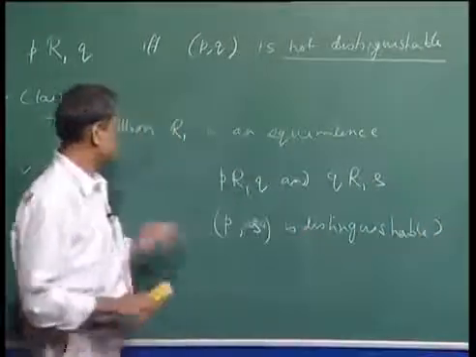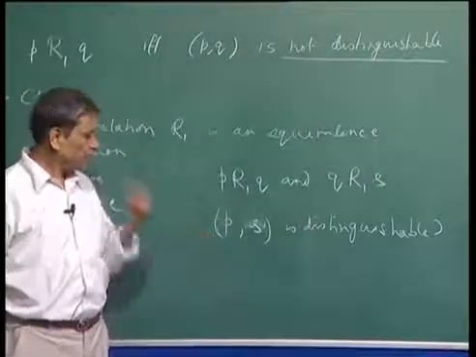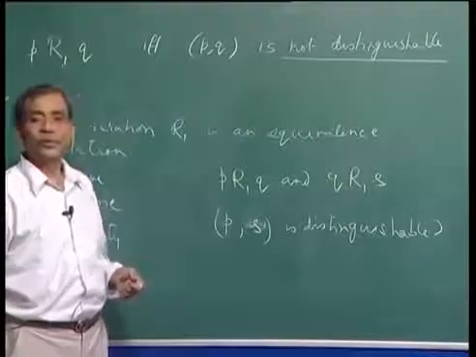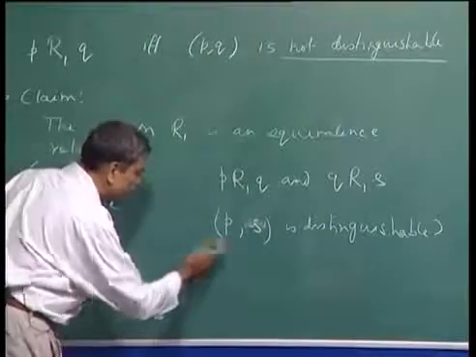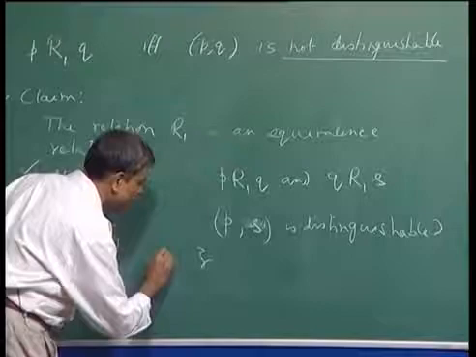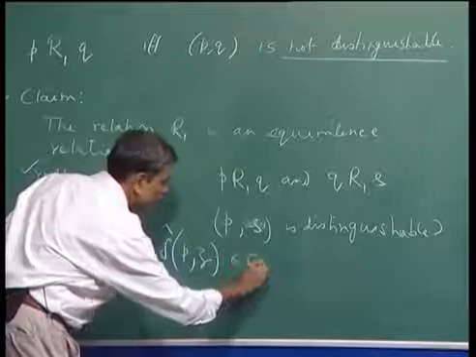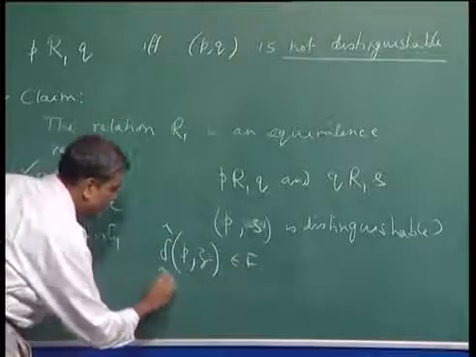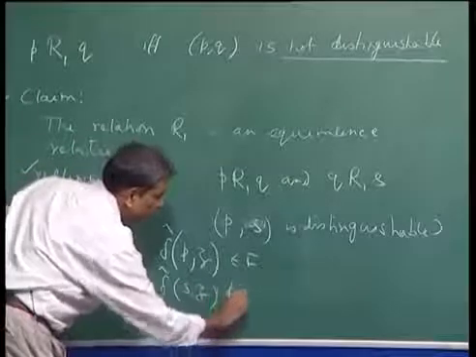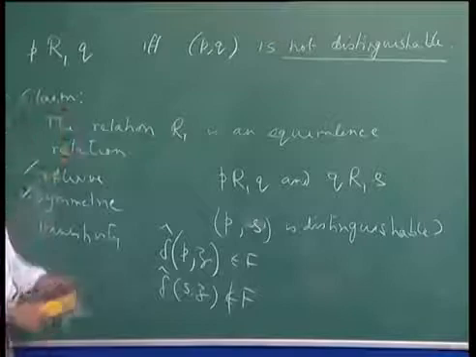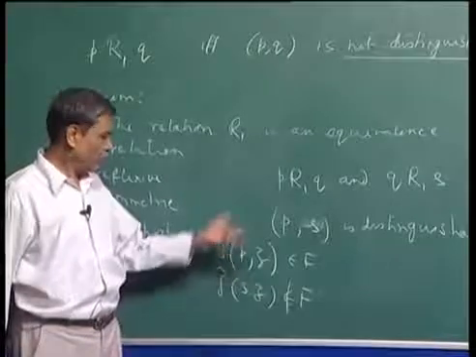If so, of course, the relation R1 is not transitive. Suppose P and S are distinguishable, then that means what? Let us say that there is some z such that delta hat of Pz is a final state and delta hat of Sz is not a final state. This is one possibility; PS being distinguishable means one such case will happen.